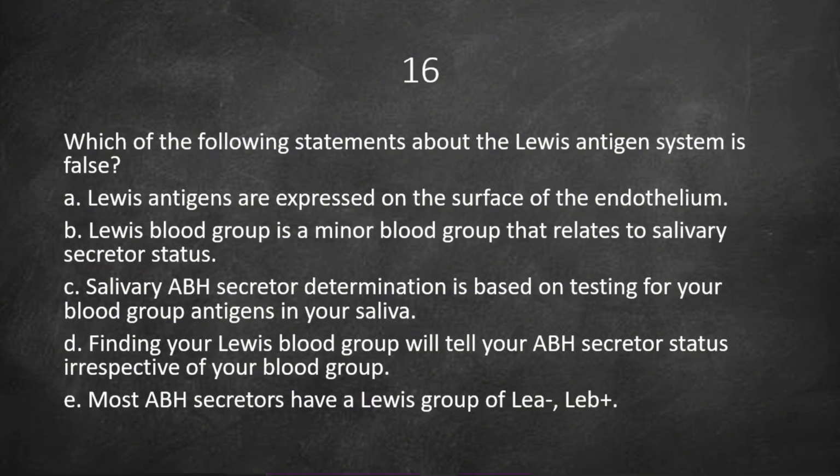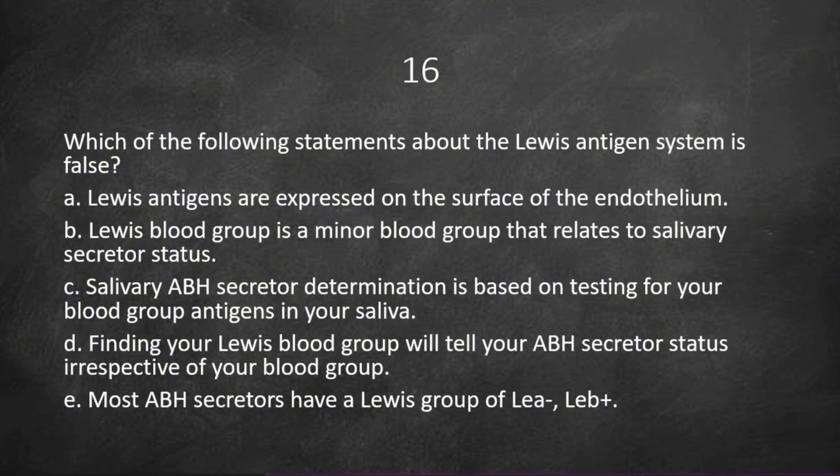Question 16 says, which of the following statements about the Lewis antigen system is false? A. Lewis antigens are expressed on the surface of the endothelium. B. Lewis blood group is a minor blood group that relates to salivary secretory status.